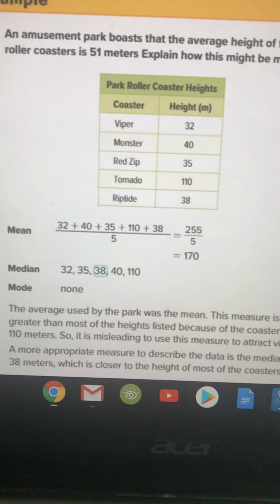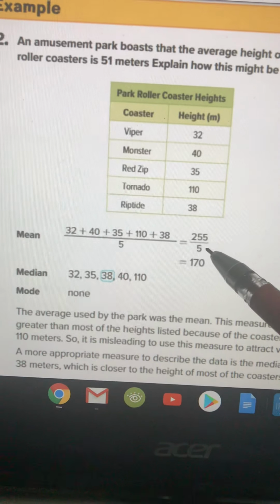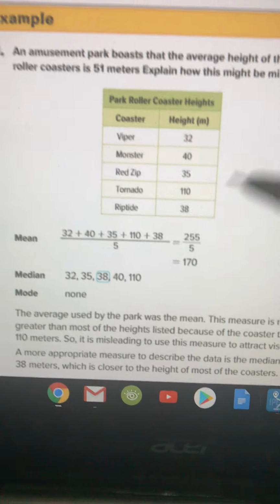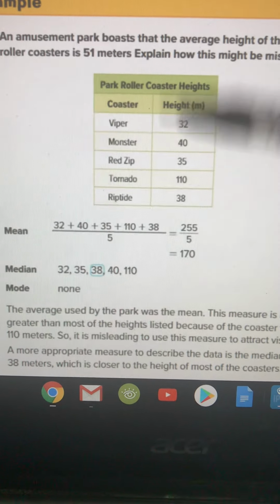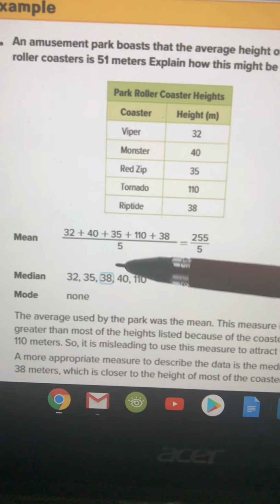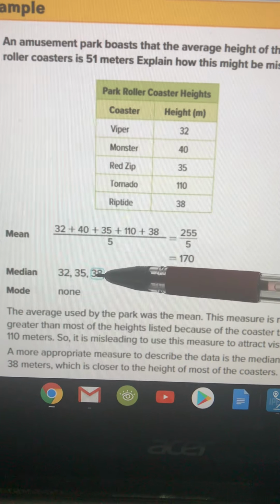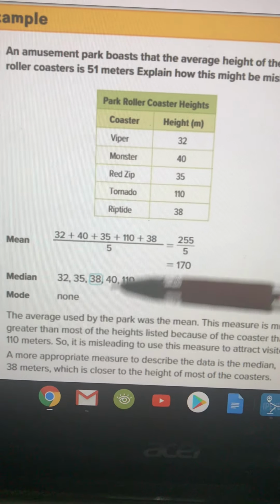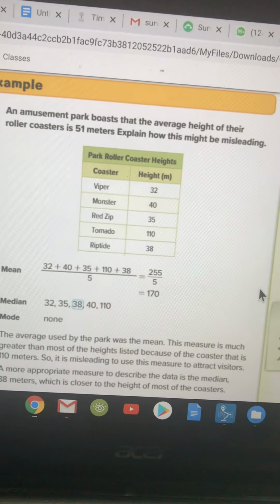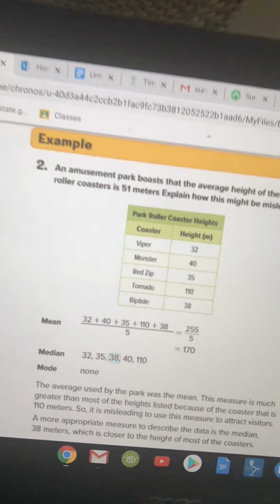Yes, according to the mean, you saw 170. But there is no number in the data that shows they have 170. So, the best information that they should use is the median. Why? In their data, it is around 38.